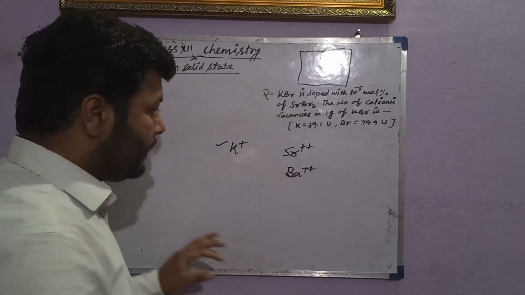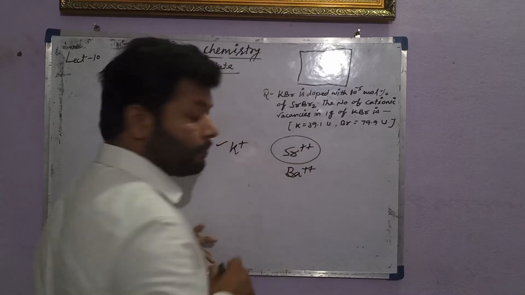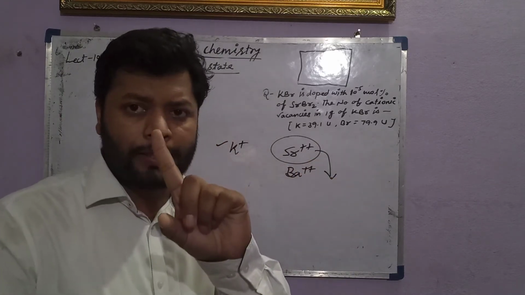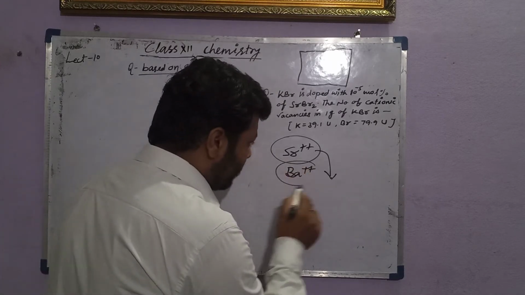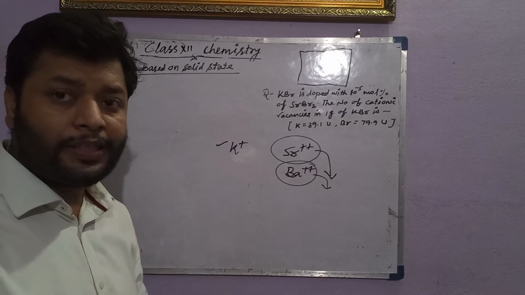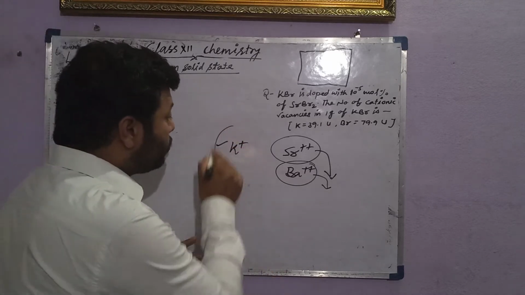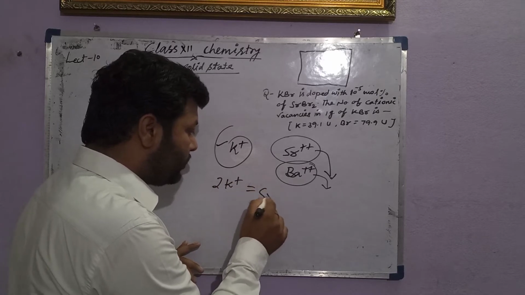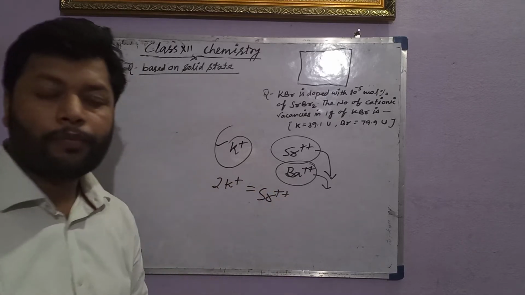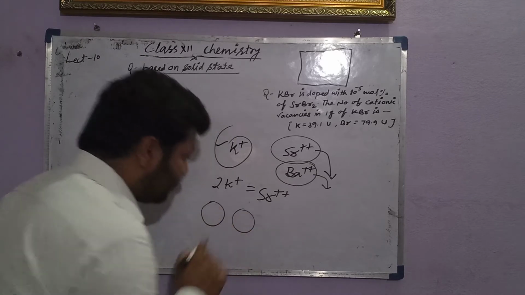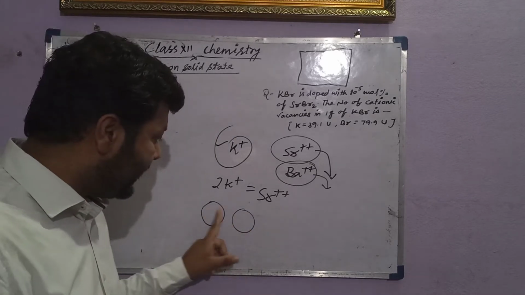It means if one strontium or one barium is occupied in the crystal, the crystal must be vacant by 2 potassium, because 2 potassium equals 1 strontium. In a crystal there should be 2 vacant places of potassium.